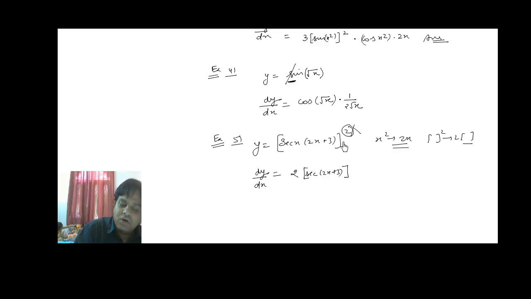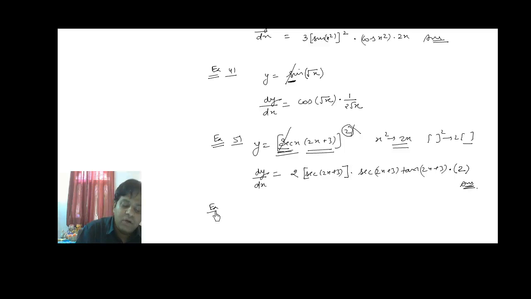So this power 2 is solved. Now I move inside and see this sec of small bracket. The differentiation of sec of small bracket will be sec of small bracket tan of small bracket. Now the sec is also solved. I further move inside and I see this 2x plus 3, and I put this multiplication sign and differentiate this 2x plus 3. The differentiation of 2x plus 3 will be, for 2x it is 2 and for plus 3 it is 0. So I am putting here only this 2. So this is my answer.